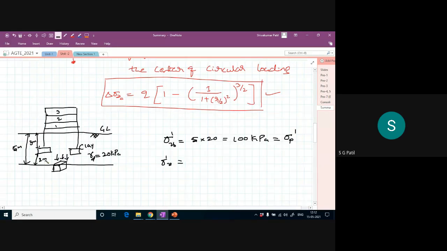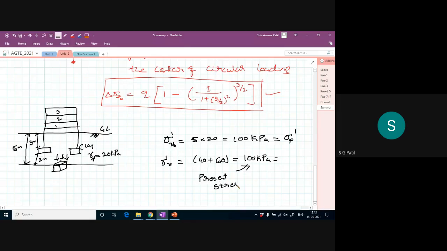My sigma V naught dash is equal to the stress due to this soil, which is 2 into 20, around 40 kilopascal, plus the stress induced by this structure. Let me call that some 60 kilopascal.